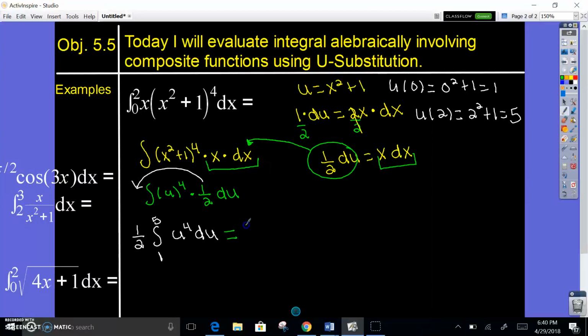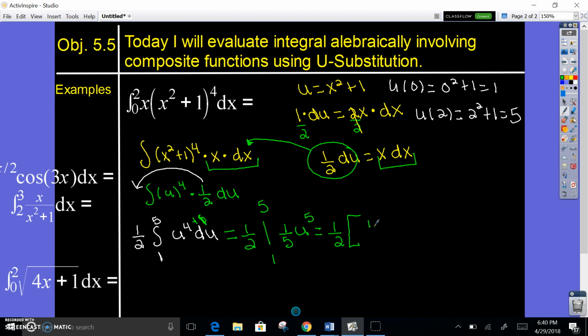So we're going to go ahead and put the 1/2 here, my little placeholder for my boundaries. Here I can do the little shortcut. I'm going to add 1, so that results in u to the 5th power. And then I'm going to multiply that by 1/5, the reciprocal of the resulting power. And then it's time to plug in my boundaries. So I have 1/2, and I'm going to put 1/5.